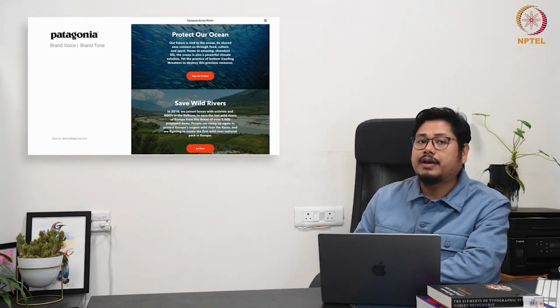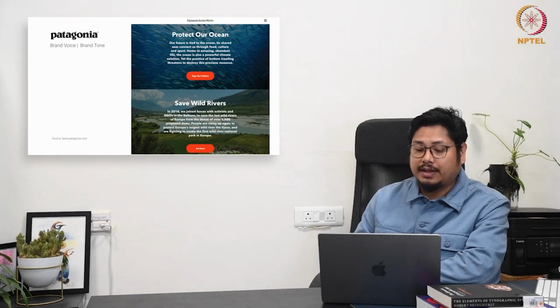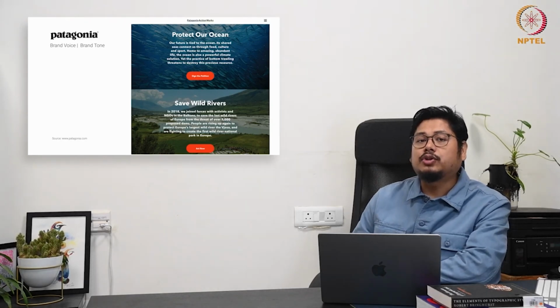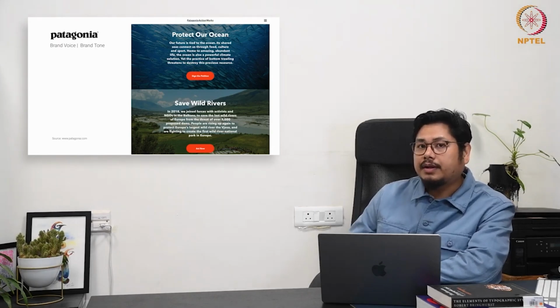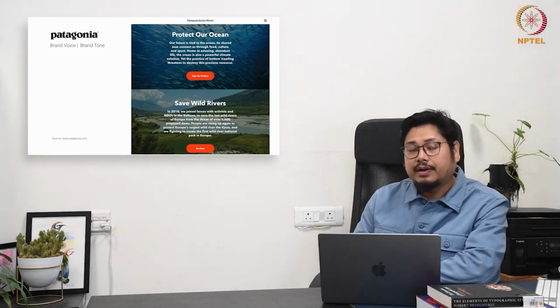And this is a very, very important thing, where a brand is allowing you to take the initiative, giving you the platform to change the environment, right? And they are taking the money which we are giving to make the product, and apart from that, they are also utilizing that profit to save the environment. This is a very rare structure.